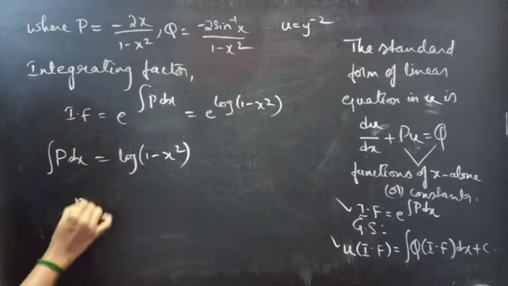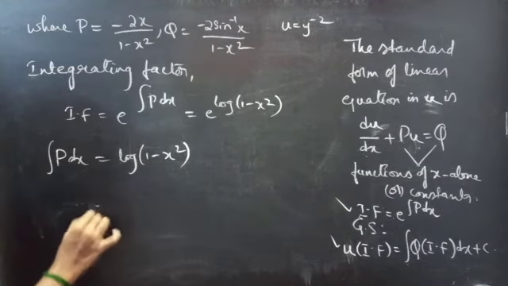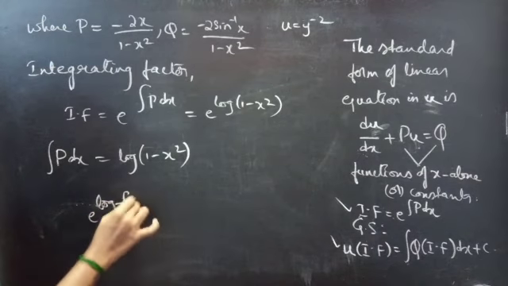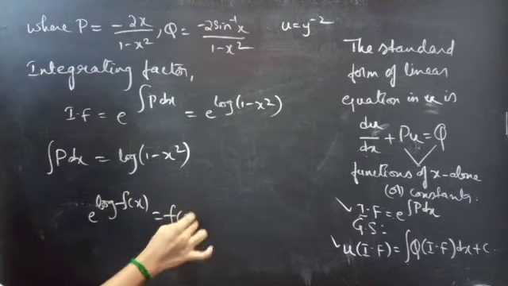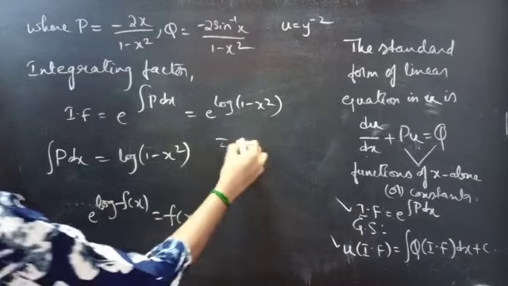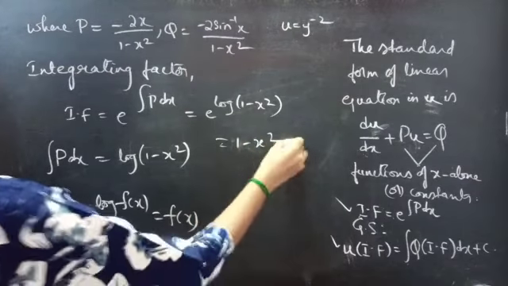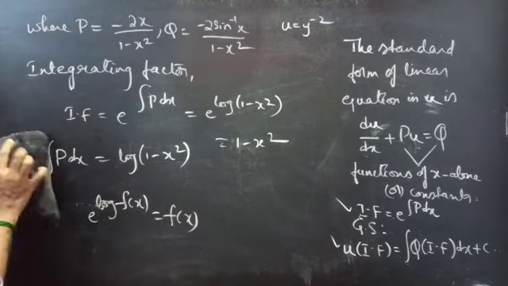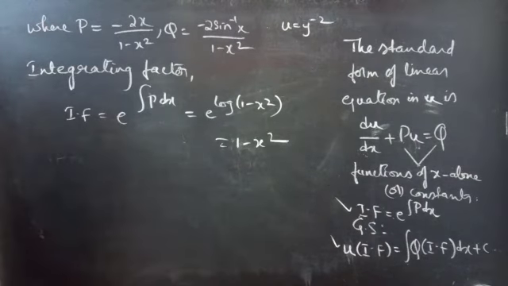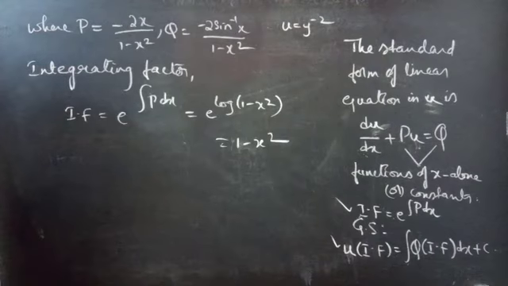Since we know that e power log of some function of x equals that function of x, our integrating factor is 1 minus x square.